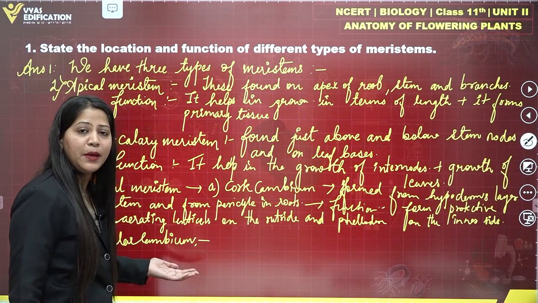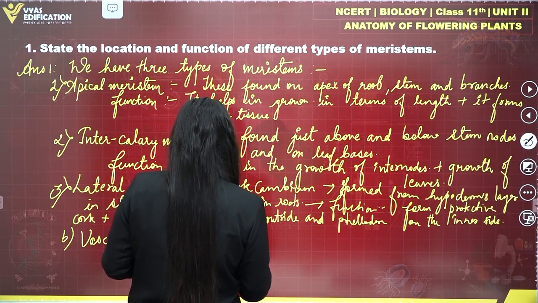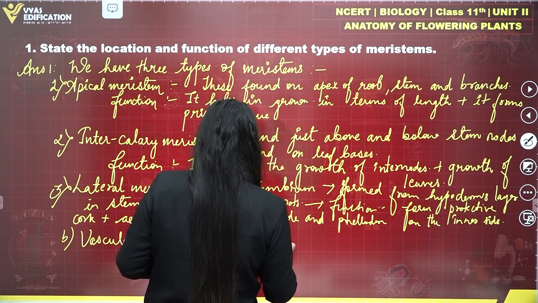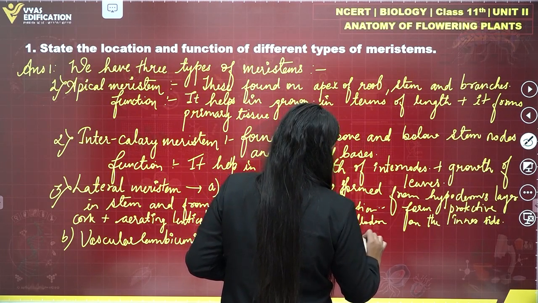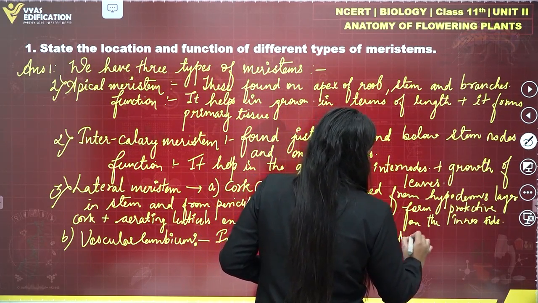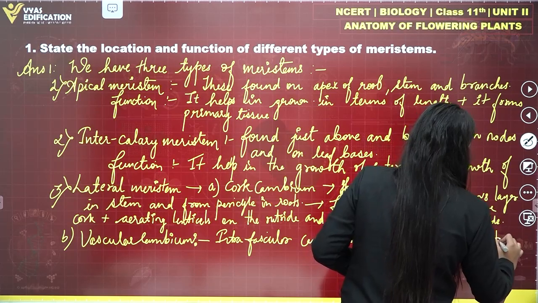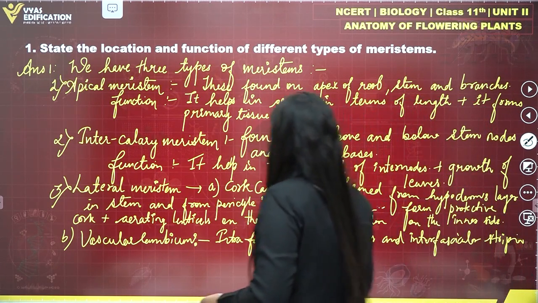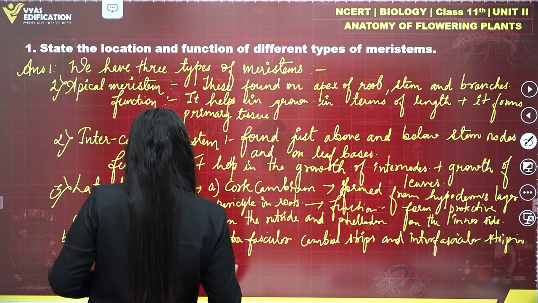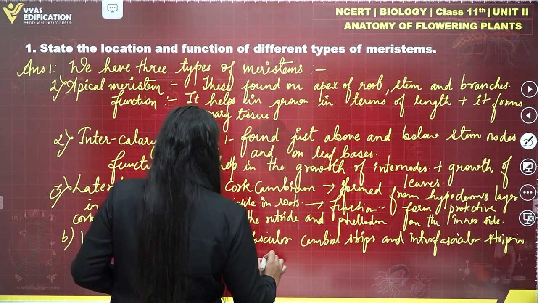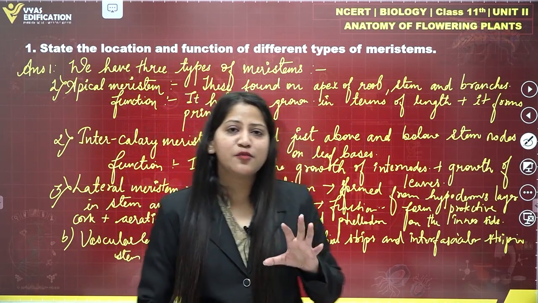We know that vascular cambium forms from intrafascicular cambial strips and interfascicular strips in stem, and from pericycle in roots.